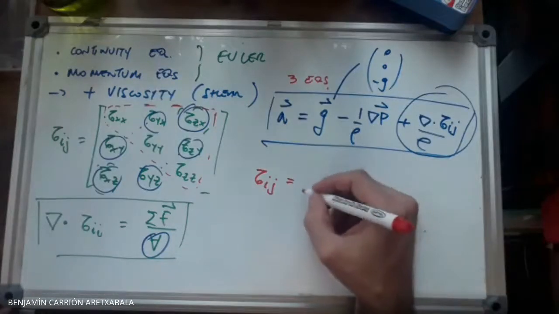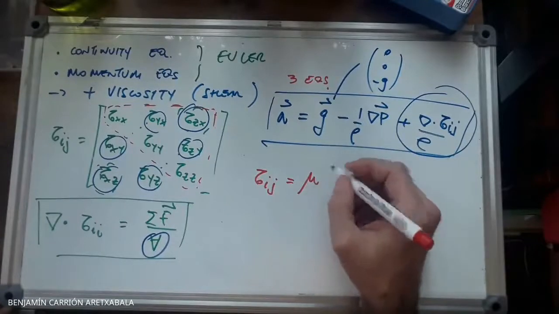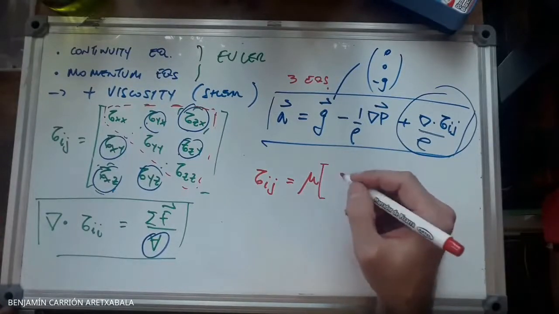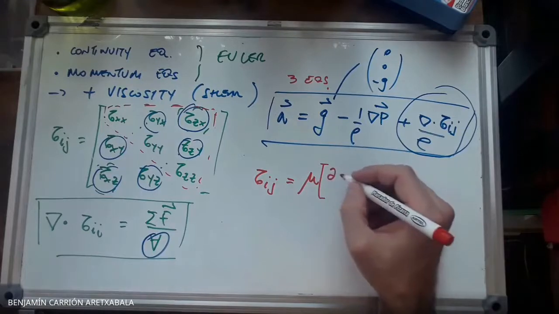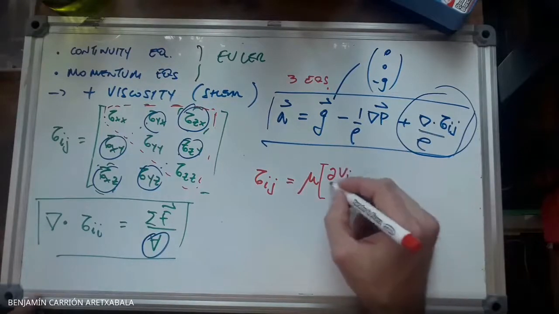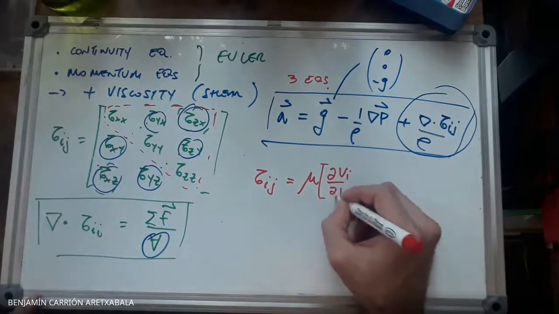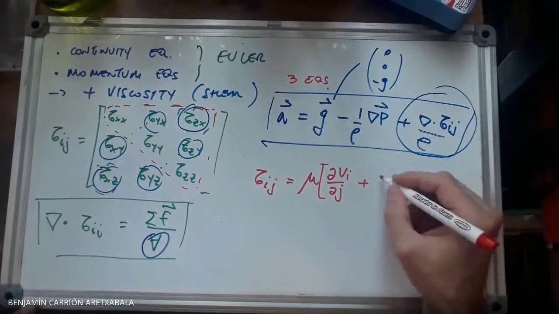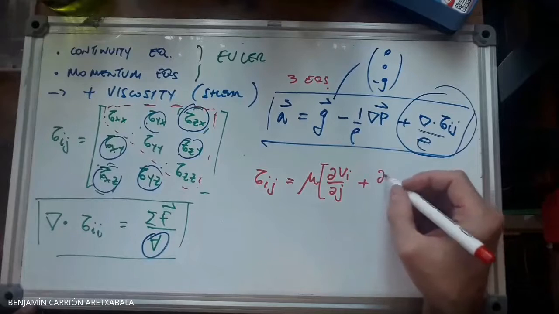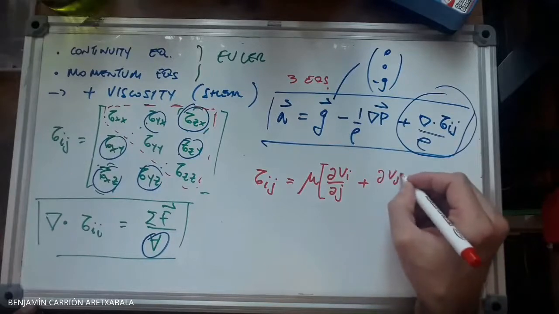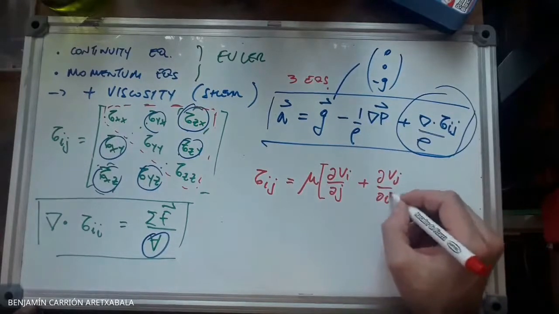So this is going to be mu times the derivative of the velocity in i with respect to j, plus the derivative of the velocity in j with respect to i.